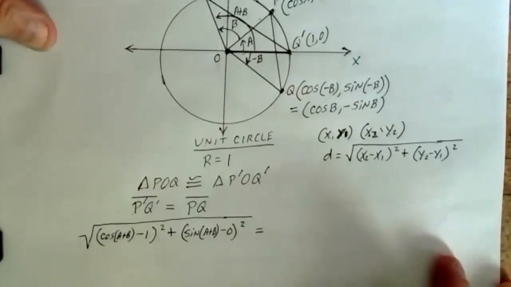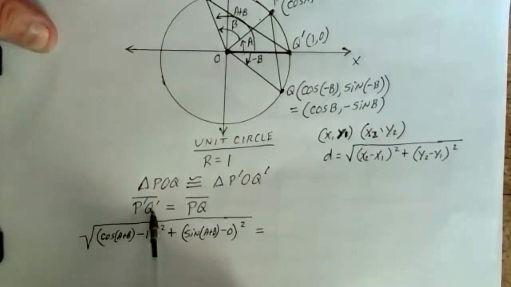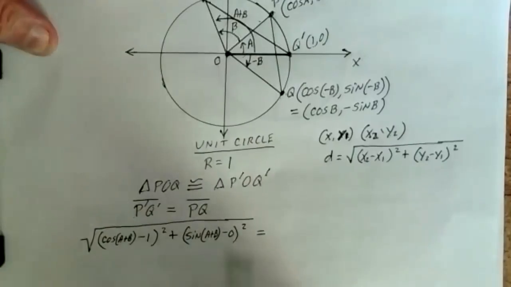Well, ladies and gentlemen, that length, which is the length of P prime Q prime, has to be equal to the length of PQ.